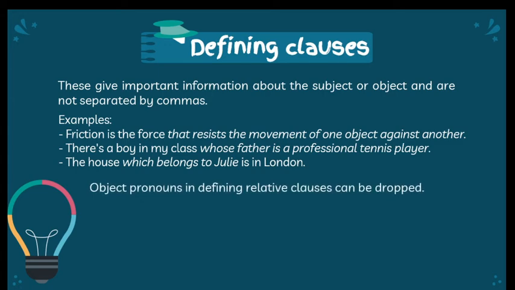The object pronouns in defining relative clauses, as I mentioned before, can be dropped. What does this mean? That we may or may not use it. Let's see some examples.